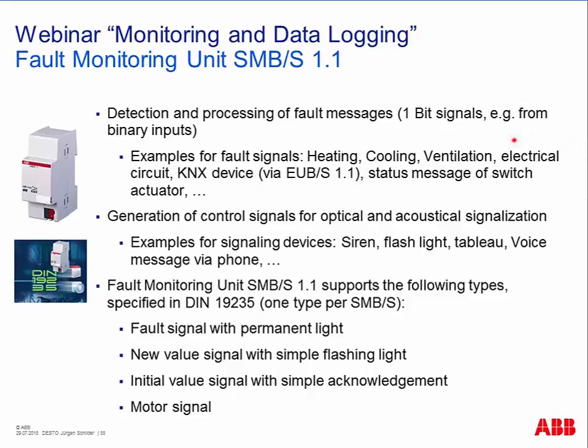Or you would like to monitor electrical circuits with an auxiliary contact at your circuit breaker, linked to a binary input. Could be also a very important fault message. Or think about the solution we just discussed, monitoring of KNX devices. So could be also fault in your system if an important device is not working anymore.